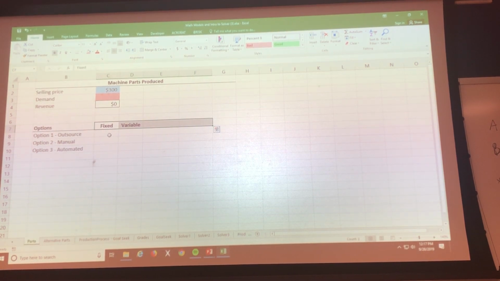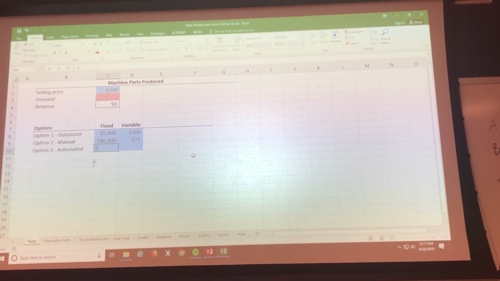Just so you know that you can look them all up, those are given numbers, so I'll go ahead and make those blue. So those are just givens. Okay, fixed for this first one is $5,000. The variable cost then is $200. But if you do the manual machine, it's an $80,000 machine, and that gets the cost per unit down to 75.